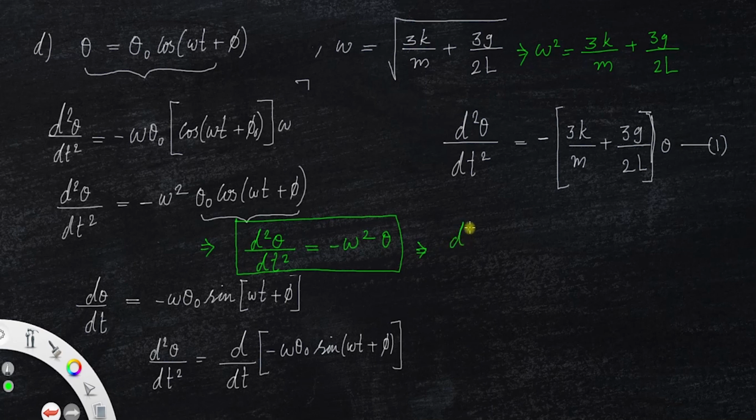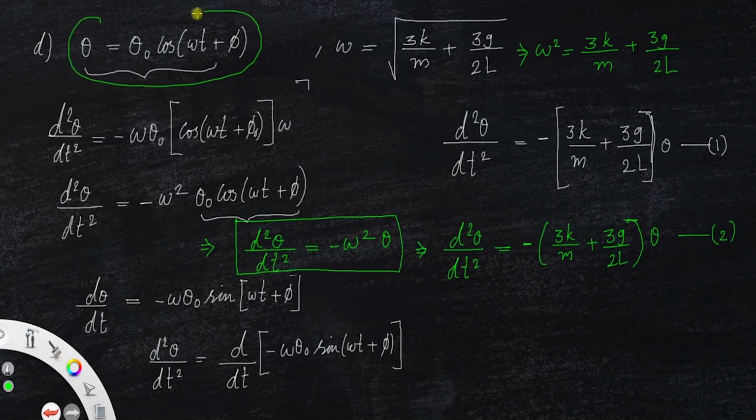So this is equal to d²θ/dt² equal to, instead of minus ω², you can write minus (3k/M plus 3g/2L) times θ. Now if you compare equations 1 and 2, they are the same. So definitely this value of the displacement satisfies the equation of motion of the rod. Clear?